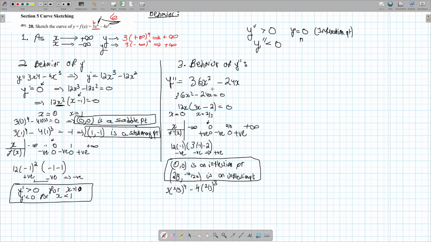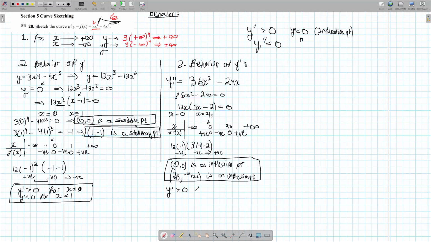Okay. We now know our inflection points. I'm going to erase this part here. I don't want it. Our whole point of this was to know when it's concave up, when it's concave down. When is it concave up? We can say y double prime is greater than 0. When is it greater than 0? Before 0, right?